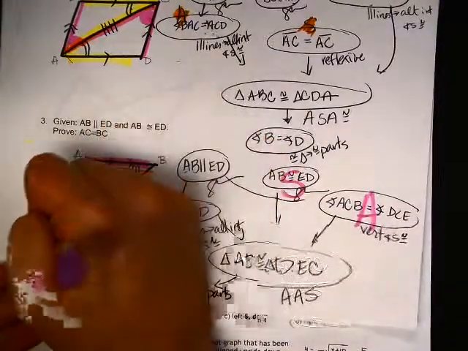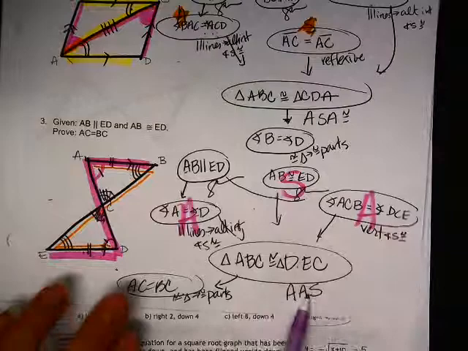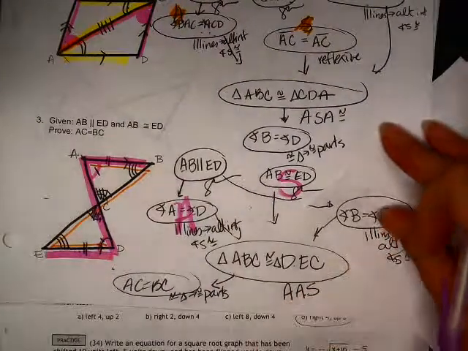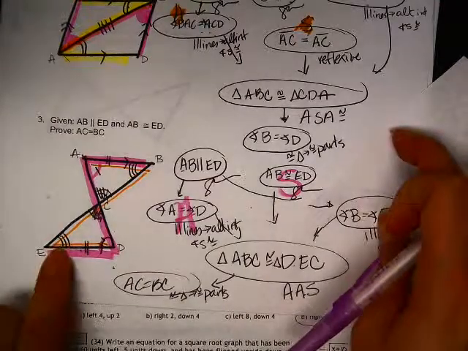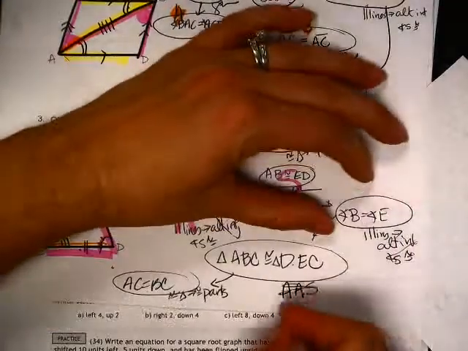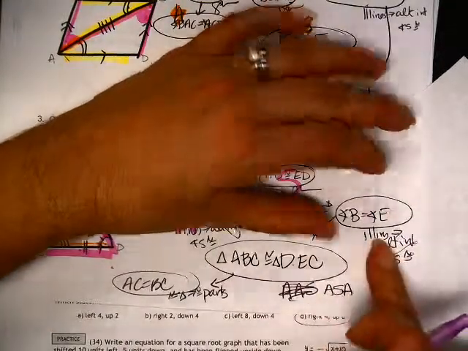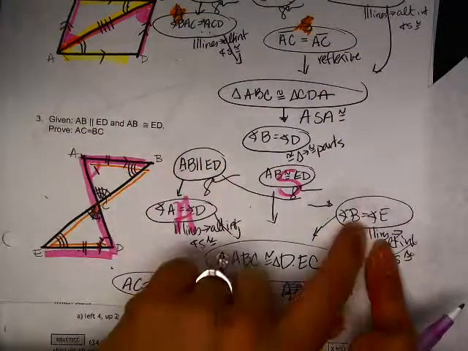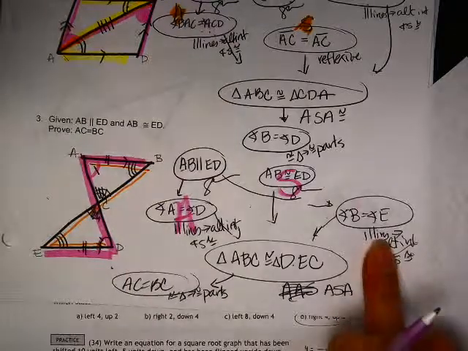I would have had this. So my reason would have changed to ASA. So you have options. You just need to make sure that these things are telling me what actually is happening around the board.